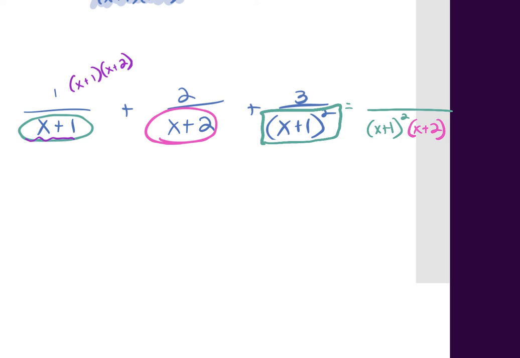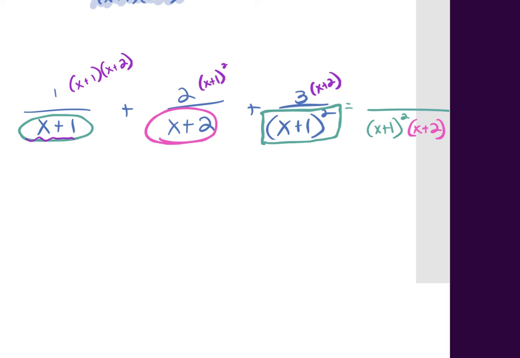The second one, I'm missing both. So now I'm going to multiply it times x plus 1 squared. And then the third one, I'm missing the x plus 2.